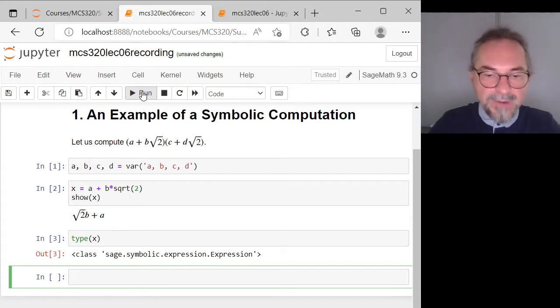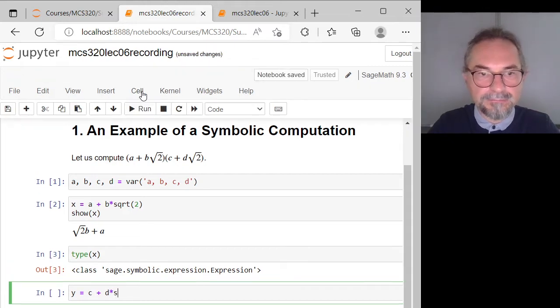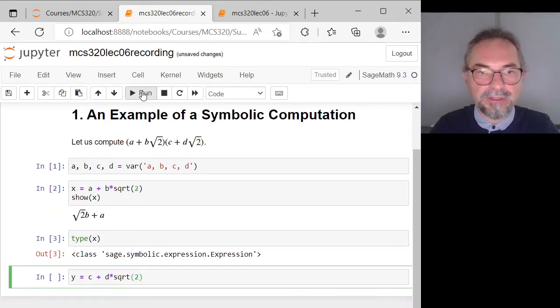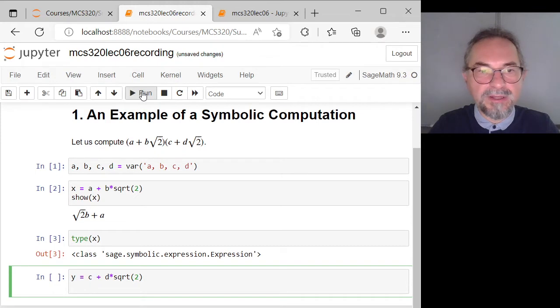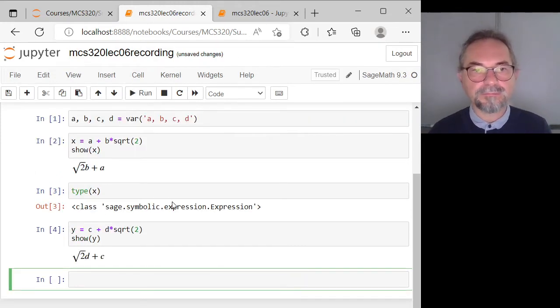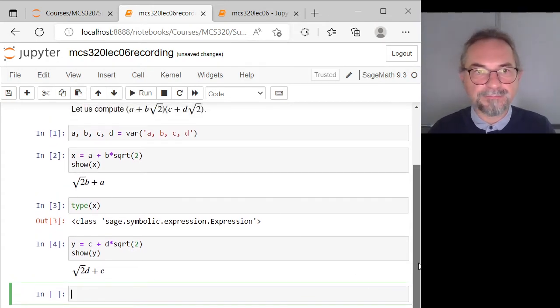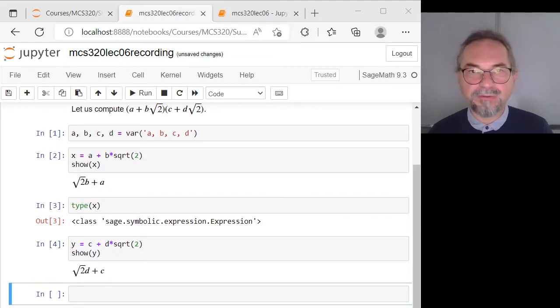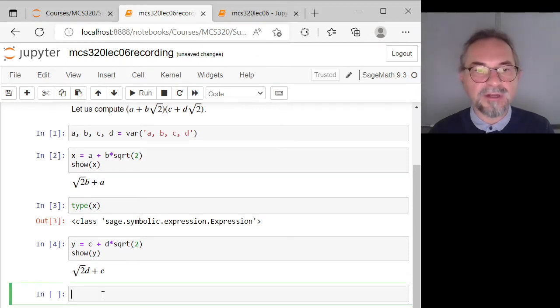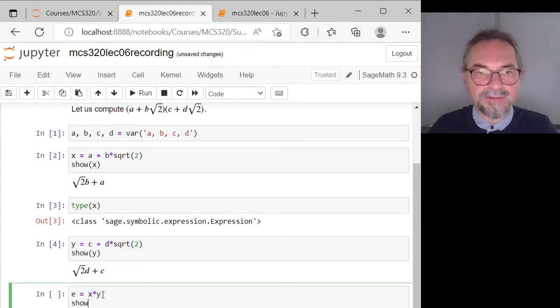Okay, so I have my other part, so I will work with the y. The y is the second term in the product. And now I have my expression: a plus b times the square root of 2 times c, so it's actually now x times y, so I will use e for my expression.